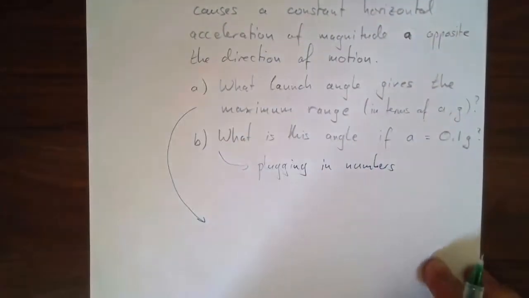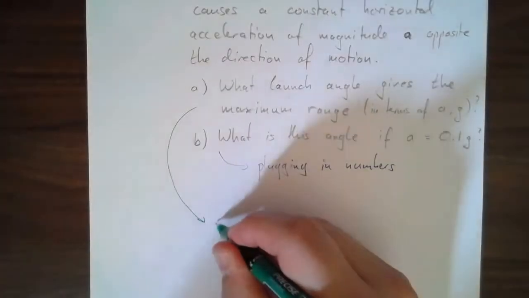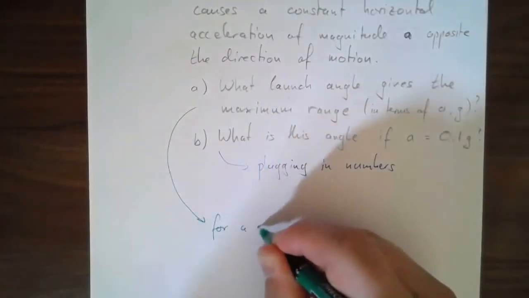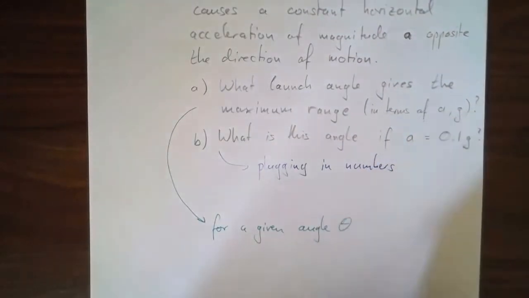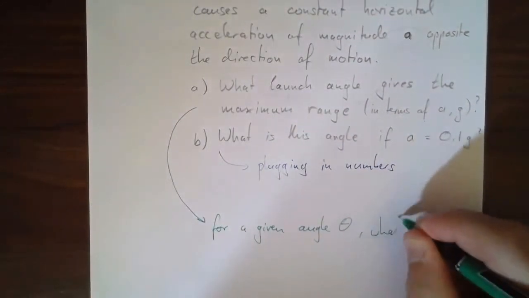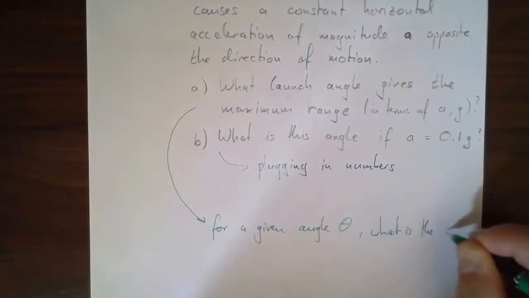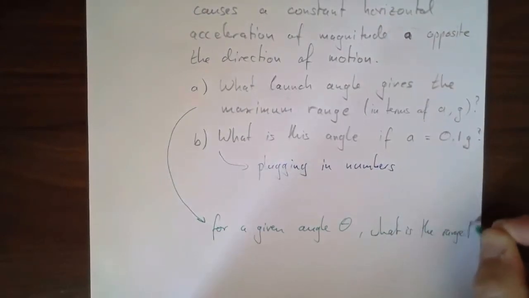You want to find a maximum or minimum. You might say, okay, well, for a given angle theta, what is the range? Let's call the range R for range.